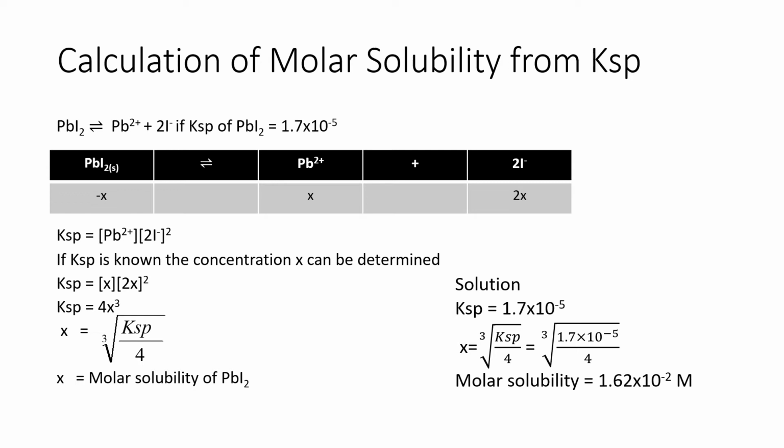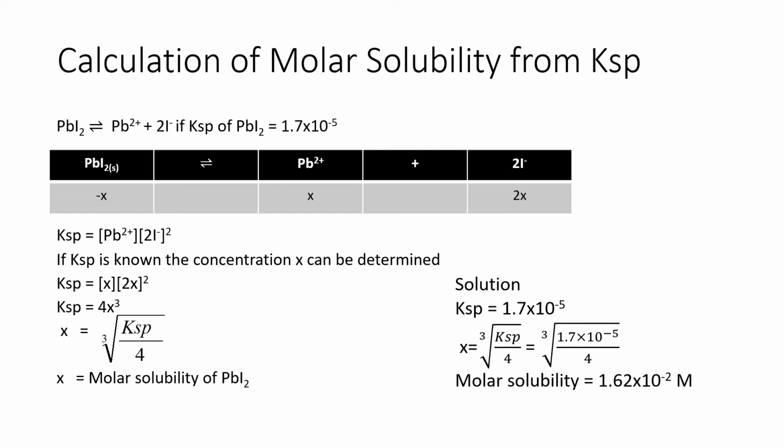or in simple terms, what we mean is, if you have a beaker filled with lead iodide as a residue at the bottom, and the volume of the solution is 1 liter, the solution above is saturated with lead iodide, and the molar concentration of lead iodide in the saturated solution is what I refer to as the molar solubility.